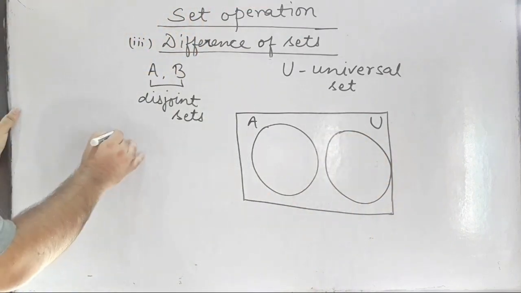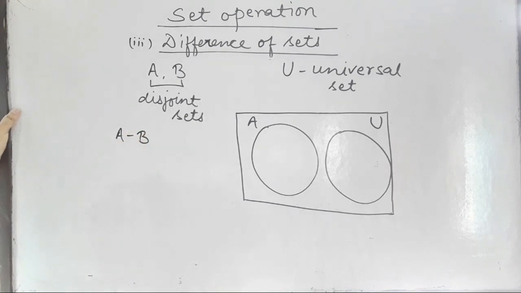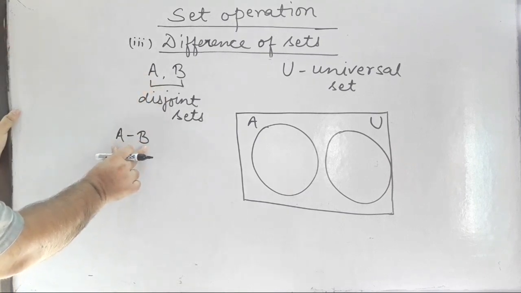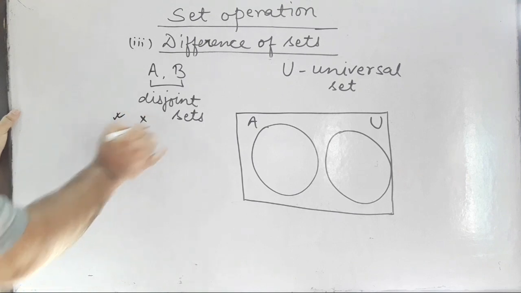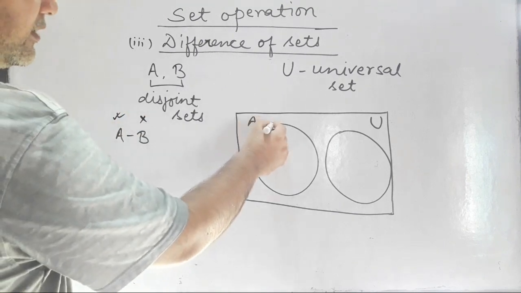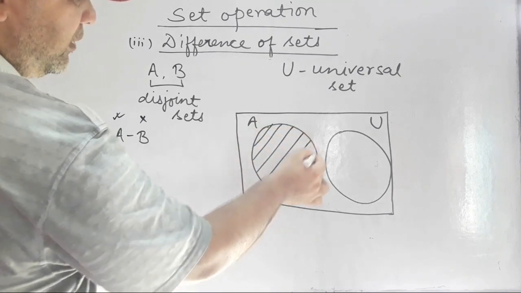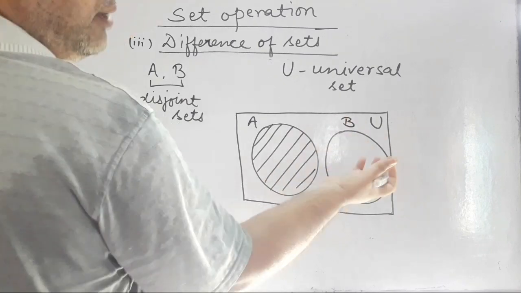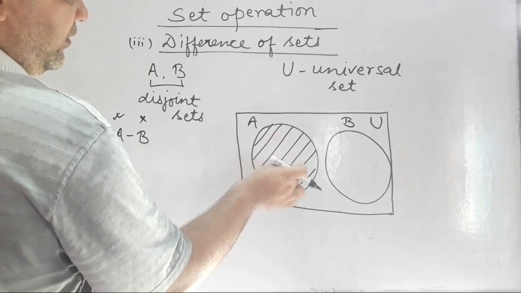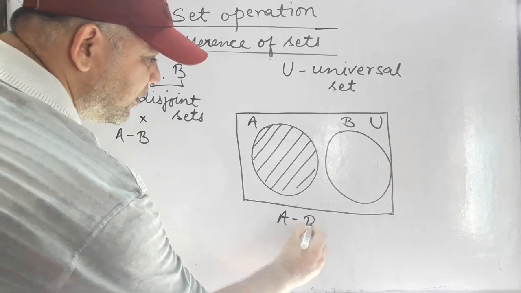Now I want to write A minus B, the difference of A and B. Since we studied that A minus B is the set containing the elements that belong to only A but not to set B, we shall shade this A. Since A and B are not related to each other, they are disjoint sets, so the elements totally belong to A. So this is A minus B.